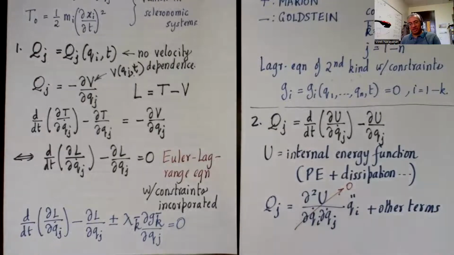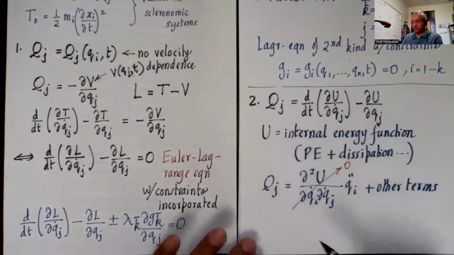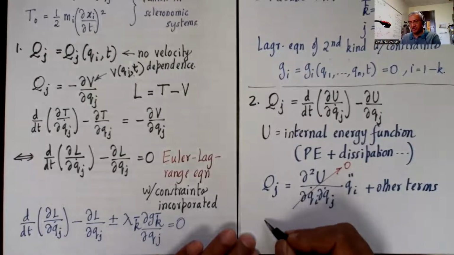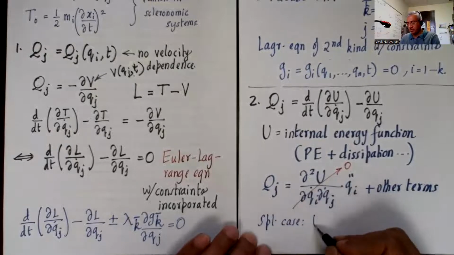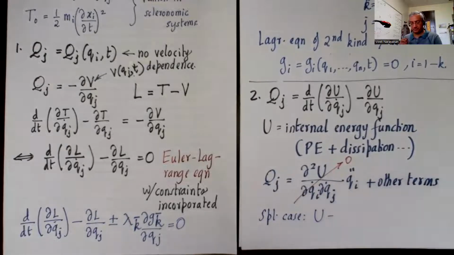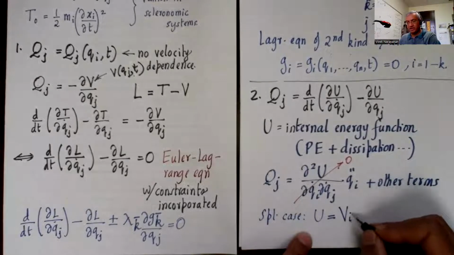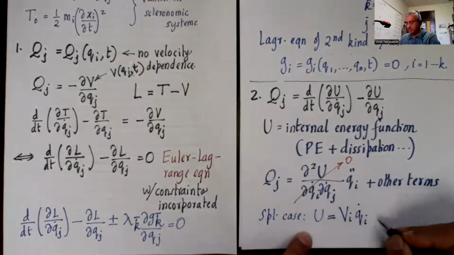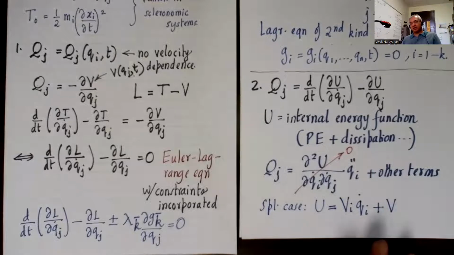So with that understanding, we can specialize this more general situation to the special case. So I'll write here a special case of U, which looks like this. It is Vi Qi dot plus V. So this is still a very general form, but a little bit less general than that one.